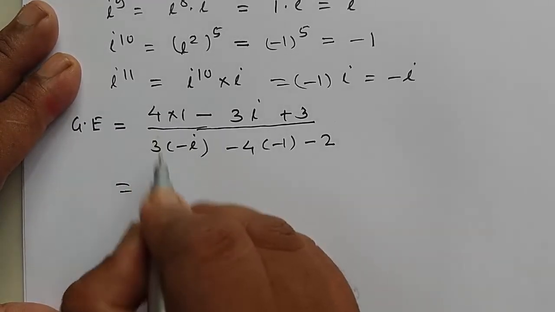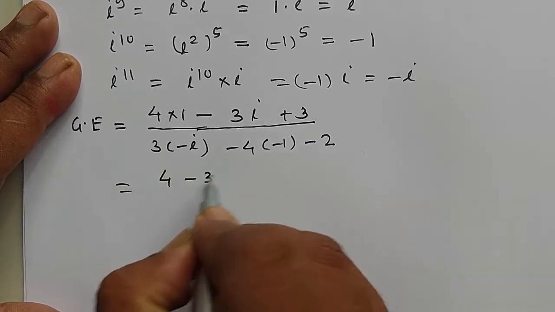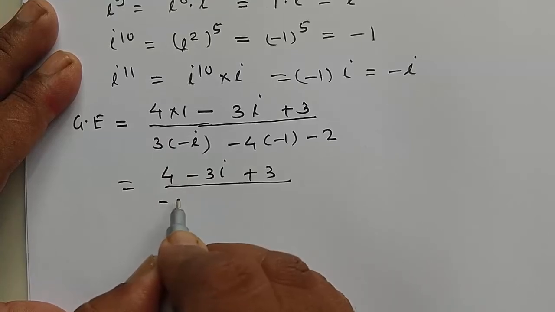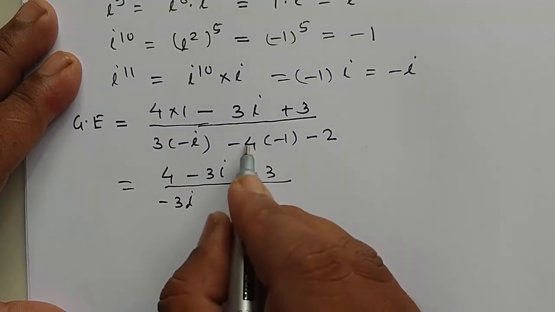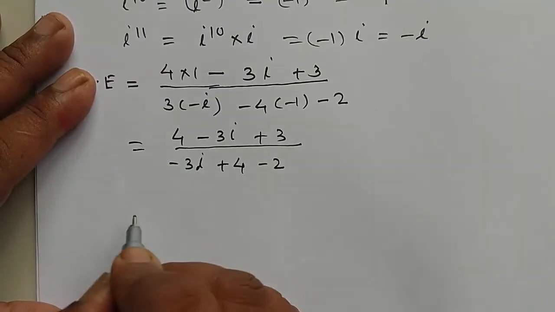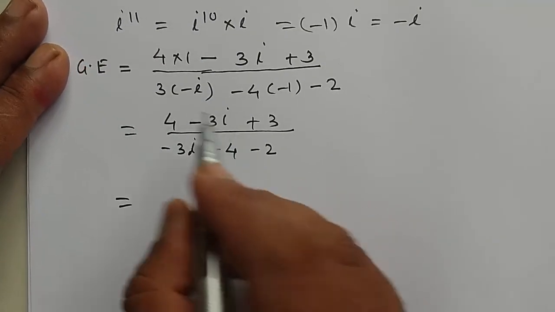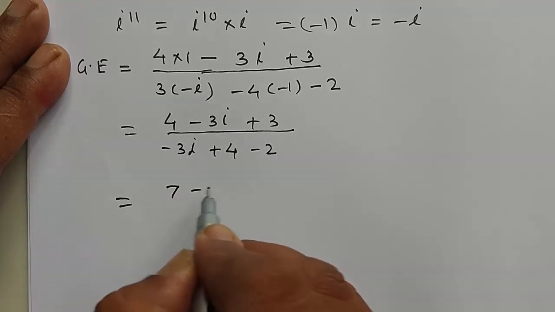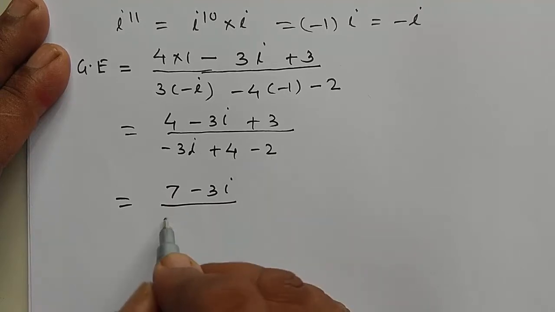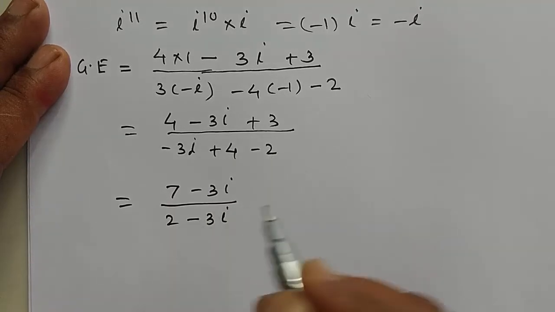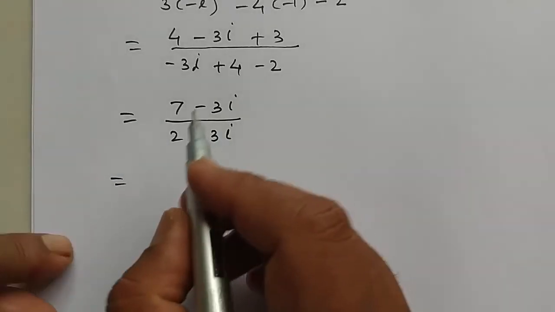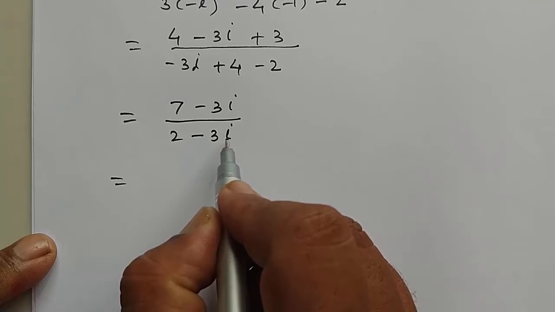So this is equal to 4 minus 3i plus 3 divided by minus 3i, minus becomes plus, that is plus 4 minus 2. Again simplifying this, 4 plus 3, 7 minus 3i, 4 minus 2, that is 2 minus 3i, is equal to. Now the denominator is 2 minus 3i, which is a complex number.